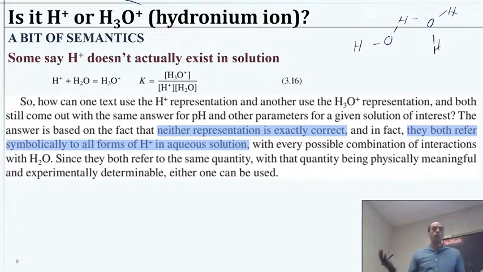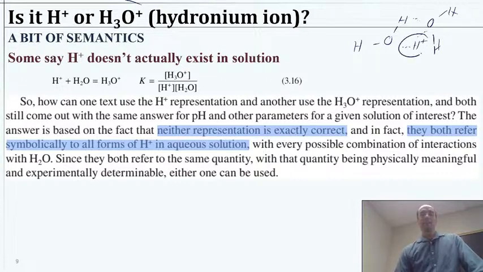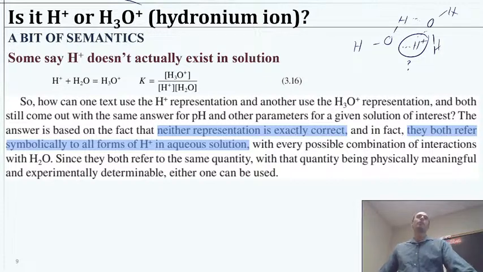So who's to say if there's an extra H plus here somewhere, is that actually connected to one of those or not? This guy right here, is that making an H3O plus, or is that just an H plus? So in that sense, it is a bit of a debate. What is the real bonding going on?